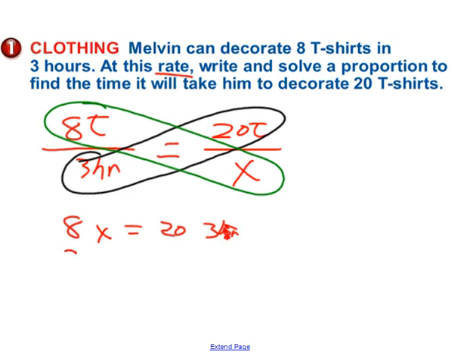I actually multiply this. I'll say 8x is equal to 20 times 3, which would be 60. X then is equal to 60 divided by 8, because I divide both sides by 8. 60 divided by 8 is, so turn to my calculator here, 7.5 hours.